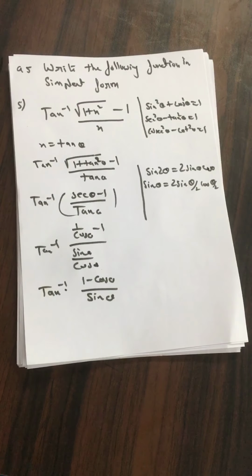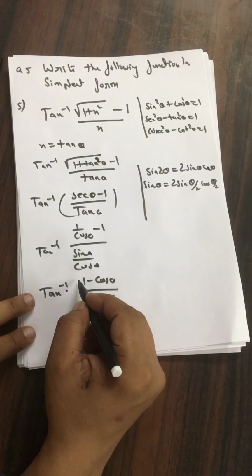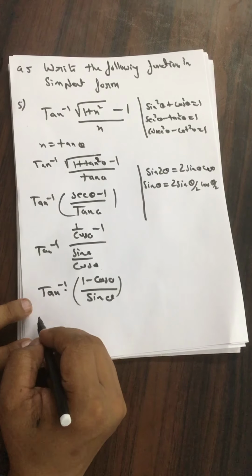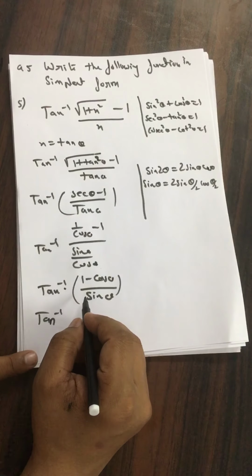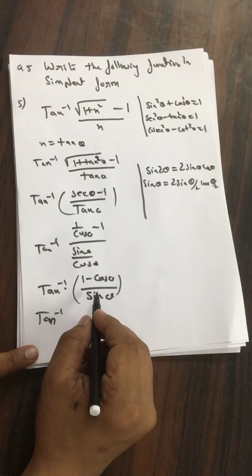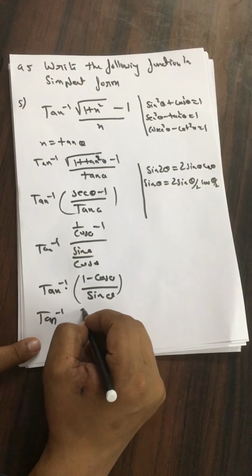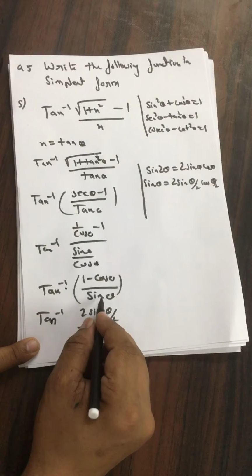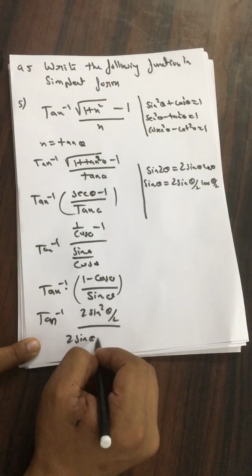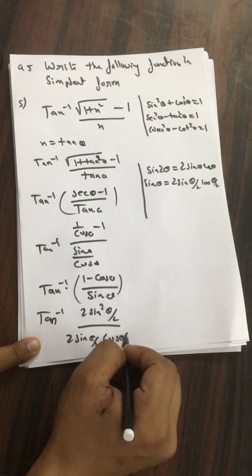Half angle formulas. So in the same way, this 1 minus cos theta, you must be remembering, this will become 2 sine square theta by 2, and this will become 2 sine theta by 2 cos theta by 2.